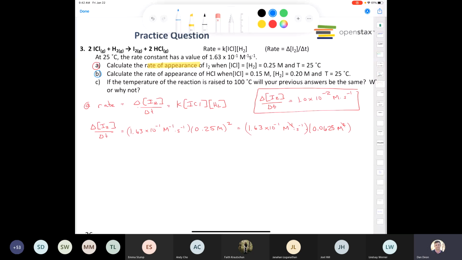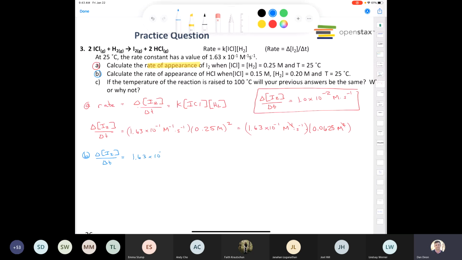And in part B, it says, calculate the rate of appearance of HCl when the concentration of ICl is 0.15 and the concentration of H2 is equal to 0.20. So let's plug the numbers in here. Again, we know that our rate is measured as the rate of appearance of our iodine over time. I'm going to do this one a little more shorthand.